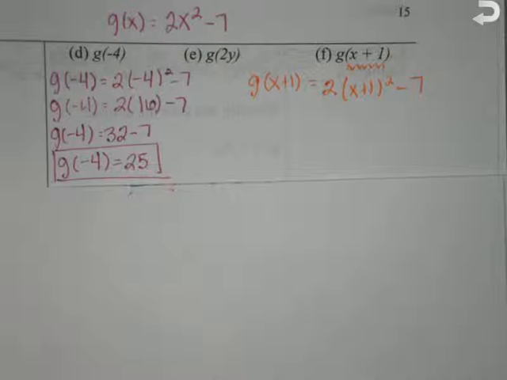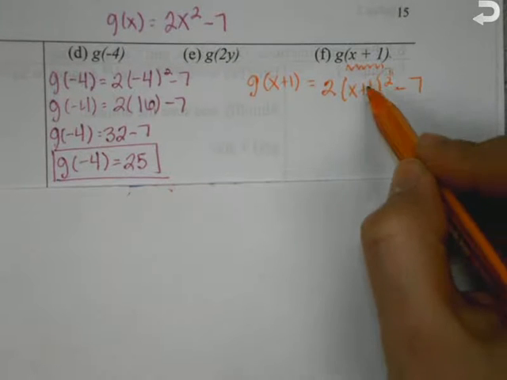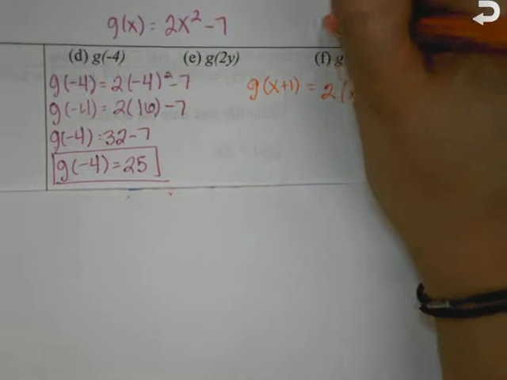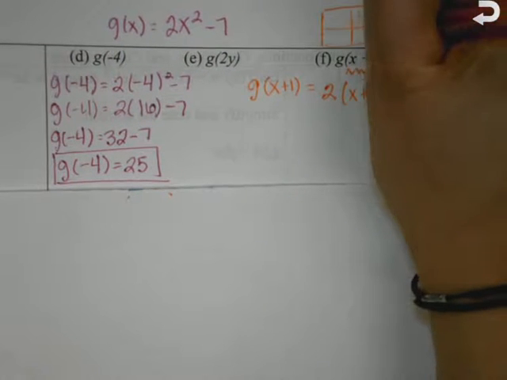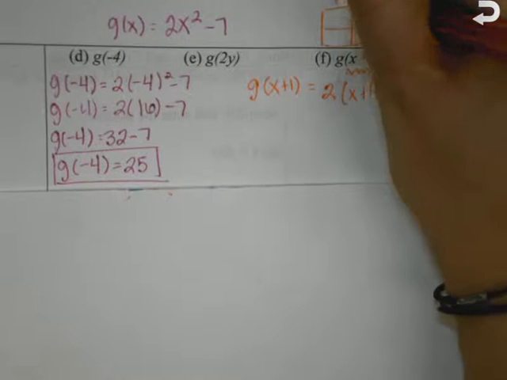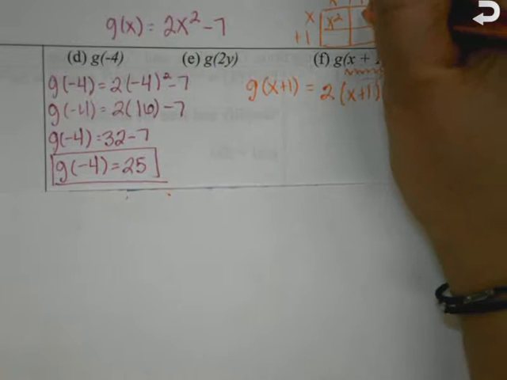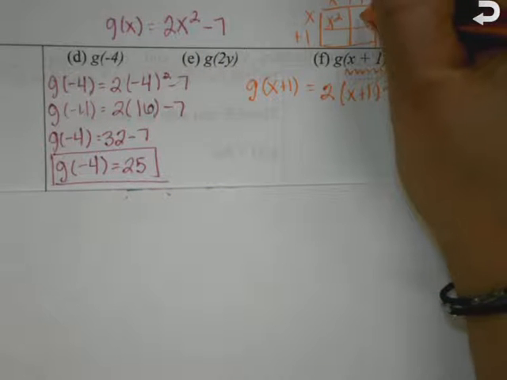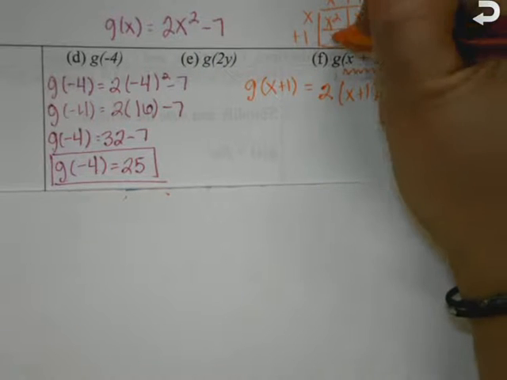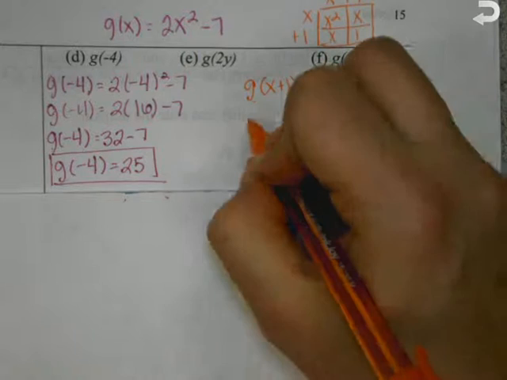Remember, you cannot just distribute the exponent. That's not allowed. So I'm going to do just a quick box method. x plus 1 times x plus 1. That gives me x squared plus 2x plus 1. So this is 2 times x squared plus 2x plus 1 minus 7.